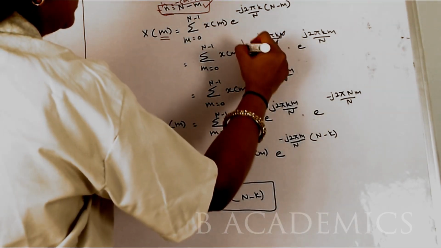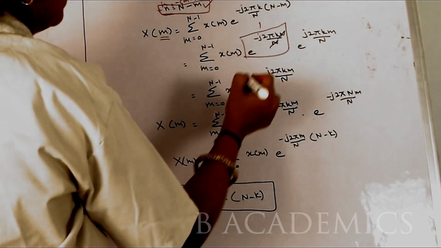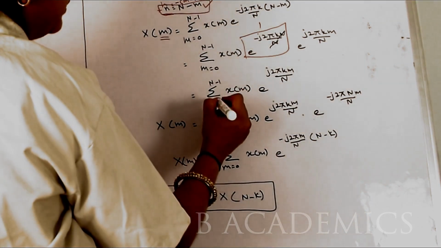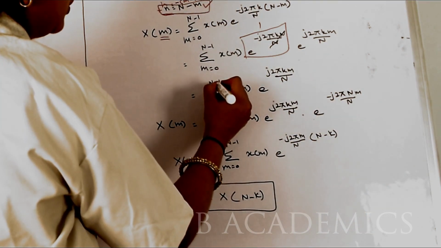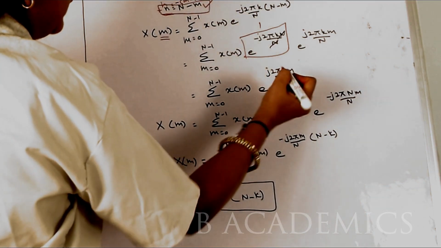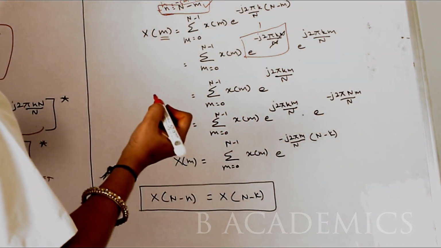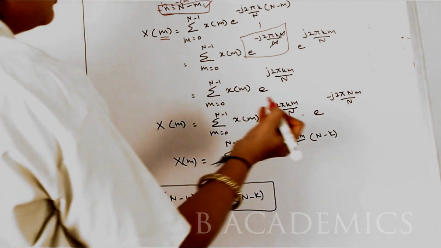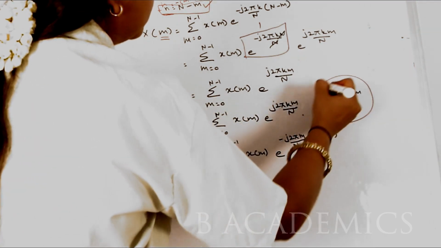You know that the value of this term is 1. So this can be written as summation m equal to 0 to N minus 1 x of m e power j 2 pi k m divided by N. For simplification I am adding this term here.